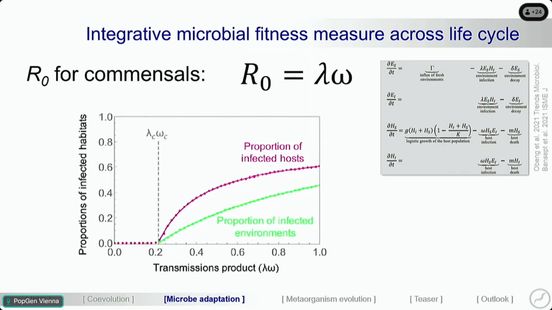As you may still remember from the beginning of the corona times, when everybody spoke about R0 of the coronavirus. We've defined an R0 for microbiome bacteria, mainly to emphasize and highlight what components are important for the fitness of such microbes.